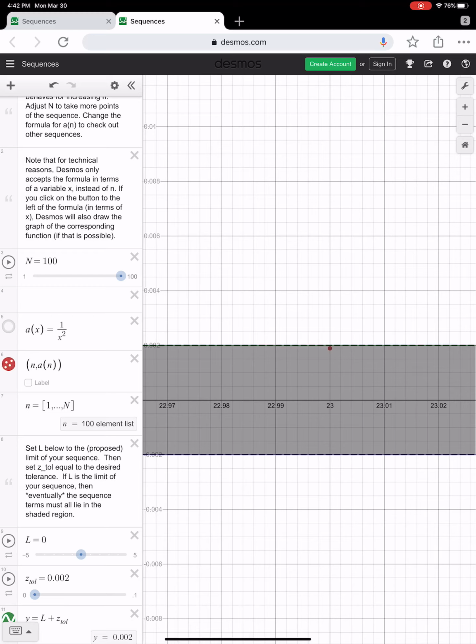And how do we make that precise? We can say that for any tolerance we set, no matter how small, we can always go far enough out in the sequence that the remainder of the sequence lies within this tolerance of whatever our limit is.